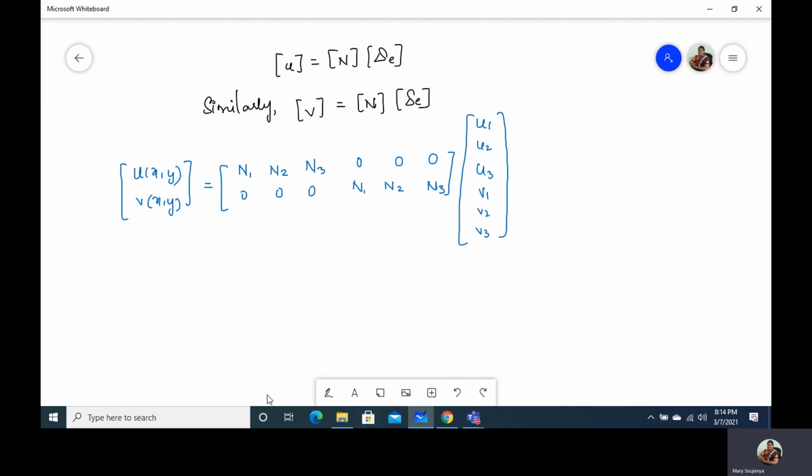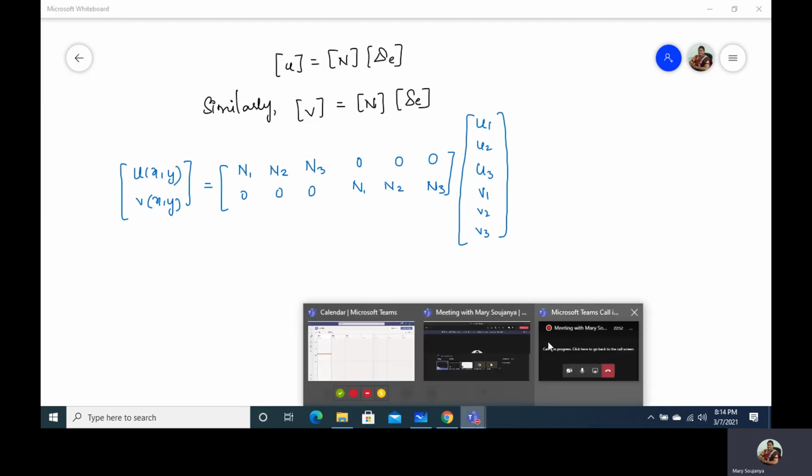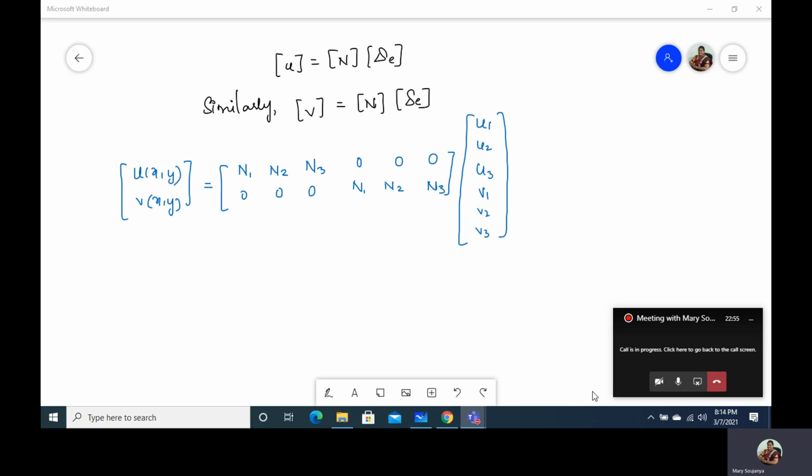So this is about the shape functions of a CST element using polynomial equations.